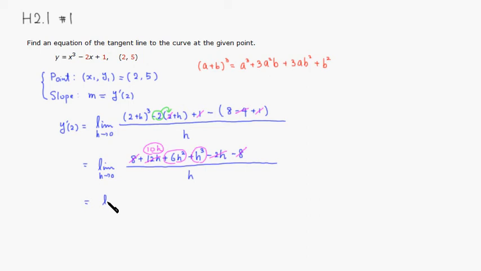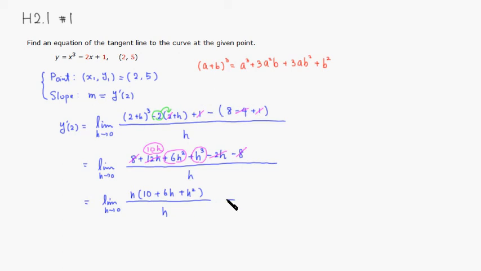So you have a limit as h approaches 0, with h factored out. Pull h out from 10h, you get just 10. From 6h squared, it's plus 6h. And from h cubed, you're going to have h squared, over h.